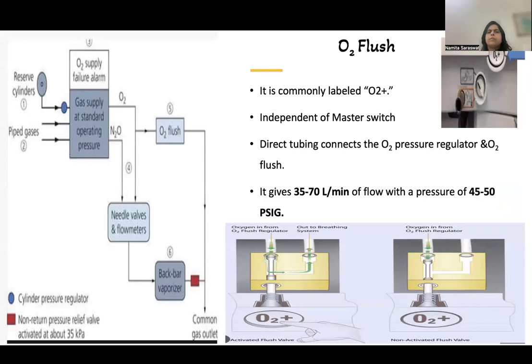Oxygen flush, which is normally labeled as O2. You should remember that the oxygen flush is independent of the master switch. You can see here from the oxygen pressure regulator, a direct tubing is coming to the common gas outlet.